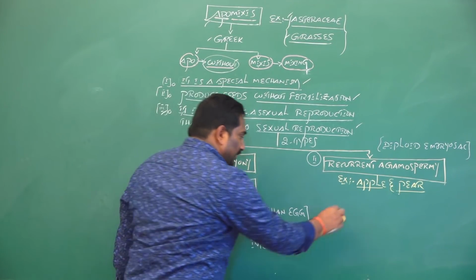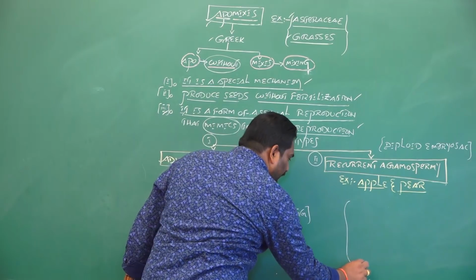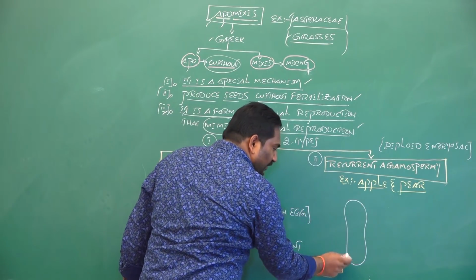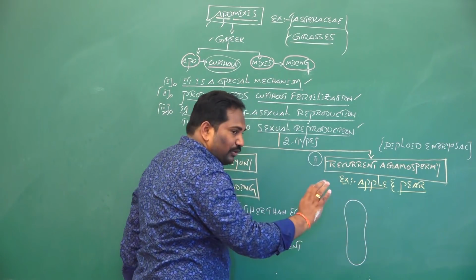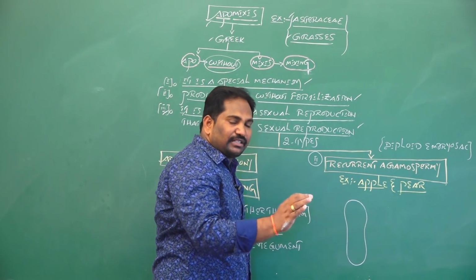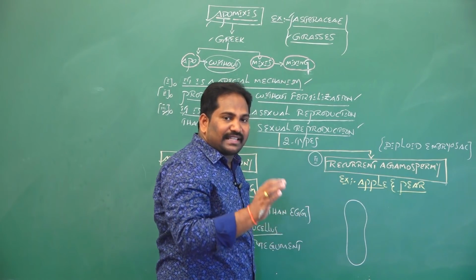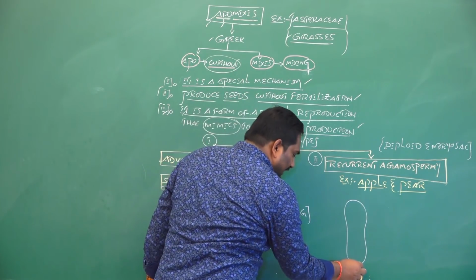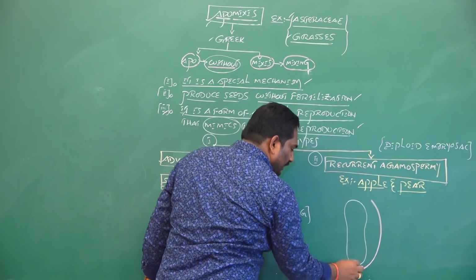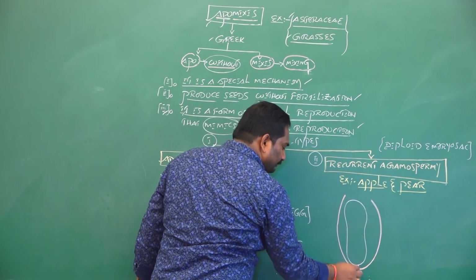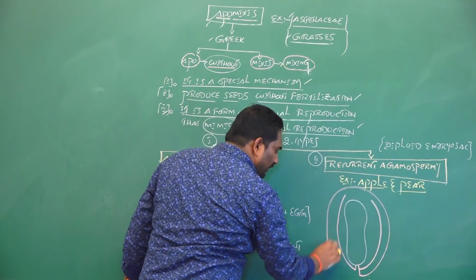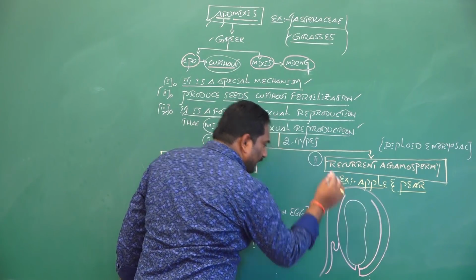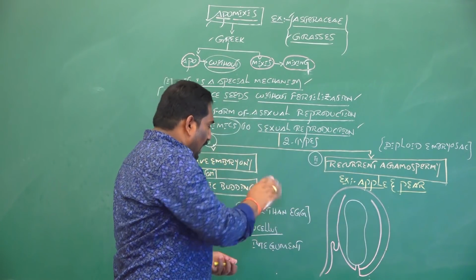If you see clearly, this is the structure of the ovule. This is the female gametophyte or embryo sac. In angiosperms, the female gametophyte or embryo sac is 7-celled and 8-nucleate. It is surrounded by integuments, the outer integument and inner integument.